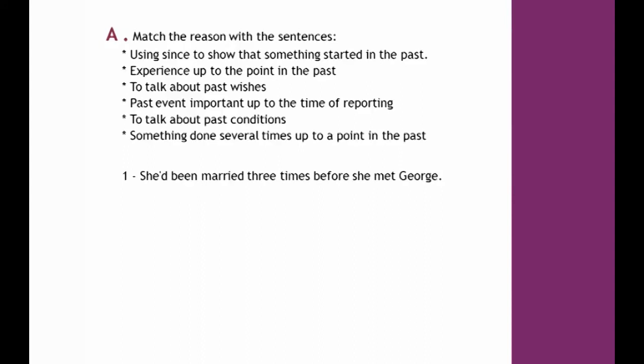Number 1, she'd been married 3 times before she met George. Please identify what the sentence talks about. Number 2, I don't think I'd ever seen an eclipse until yesterday.